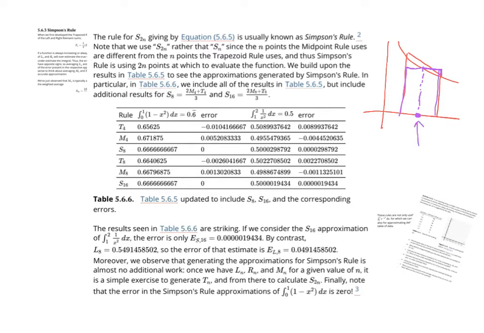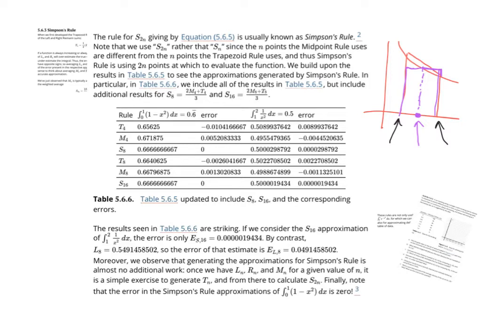So there's one function value. The trapezoid rule would use these two. So they're not using the same function values. They're not using the same x values. So I need twice as many x values to use Simpson's rule, because I'm combining 2 different rules that use 2 different sets of x values.